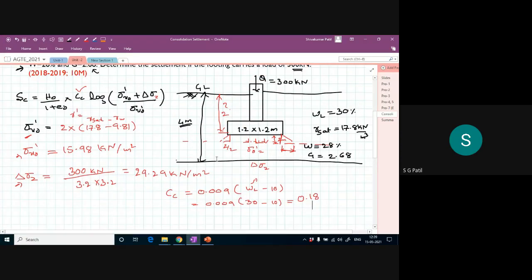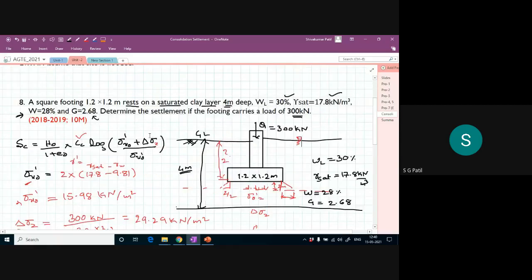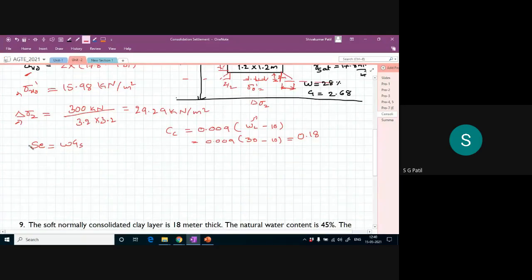Once we got the CC value, what is the other parameter I should find out? The initial voids ratio. This also I don't know. From your previous semester index properties, there was a formula, S e is equal to w into Gs. You remember this formula? The water level is at the top, and they are telling this is a saturated clay, so S is 1.